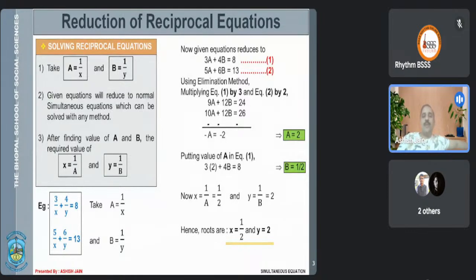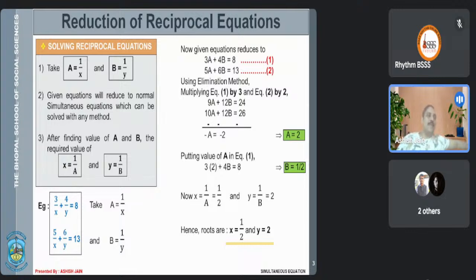So the value of x is equal to 1 upon a, which is 1 upon 2. Similarly, the value of y is equal to 1 upon b. So 1 upon b, this 2 comes to numerator, your answer is 2. Hence, the value of x is 1 upon 2 and the value of y is 2.